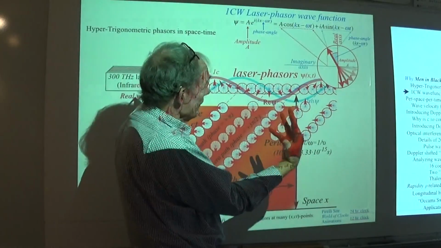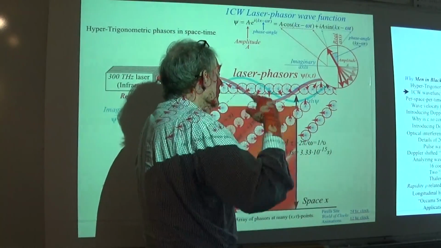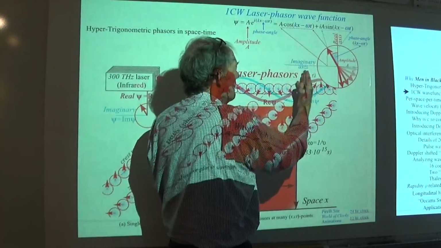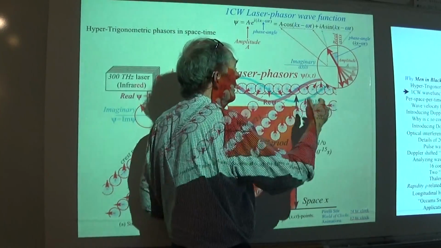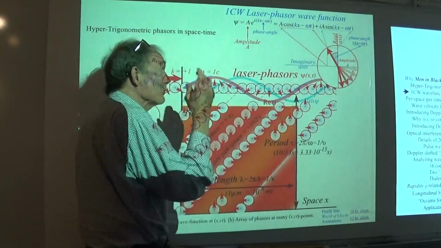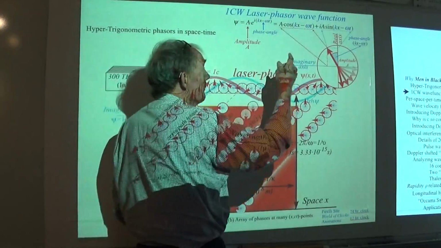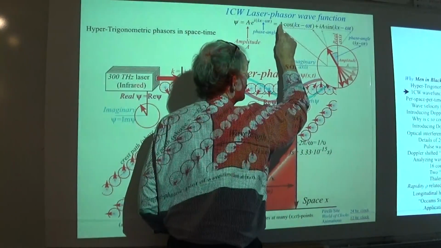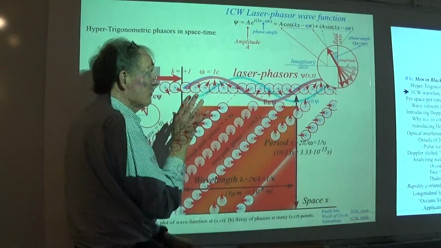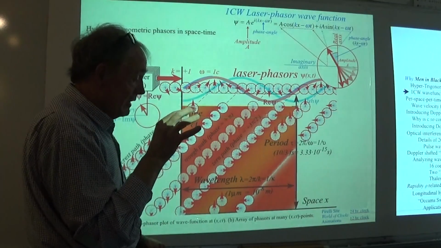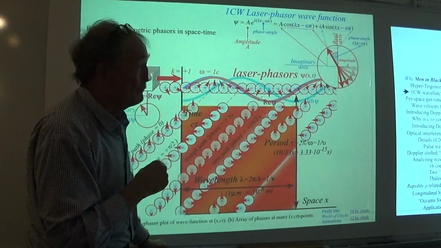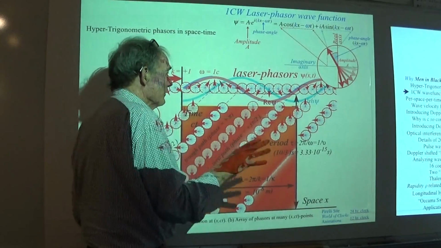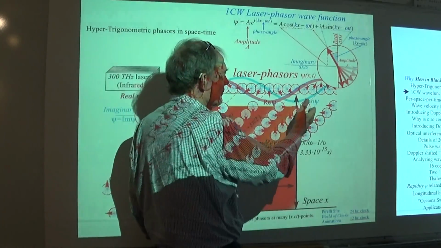What color are they? How fast do they wiggle? How many wavelengths can you fit in a box? That's first quantization. But then there's this other number called the amplitude, and later on we're going to see it's a frequency too. Everything's a frequency, as it turns out, if you use the right unit.